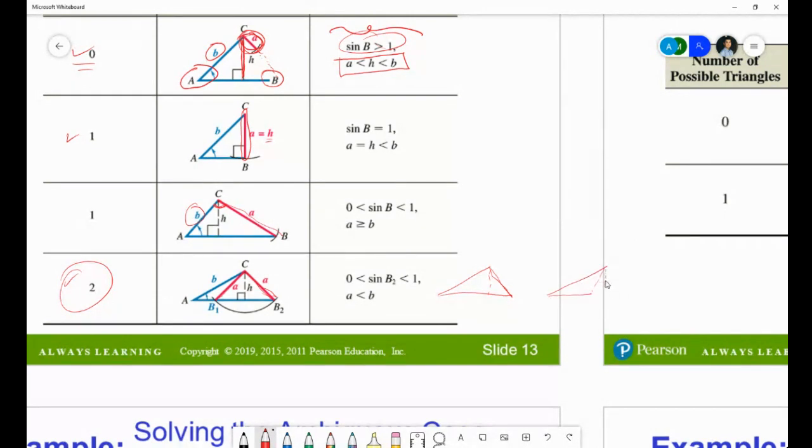So here's the height right here, and this is the third side. You can see here, this side right here is the same as this side, okay? Now, we have to be careful of sketching our triangle. That's probably the hardest part, so that you can see which possibility it could be.